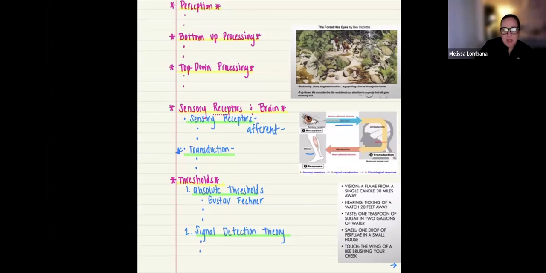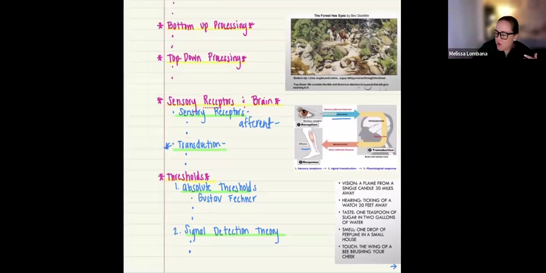And they say that this varies with each person. Our senses have very low absolute thresholds, so we can actually detect small amounts of stimulus in our environment, as long as there's no other stimulus energy around.